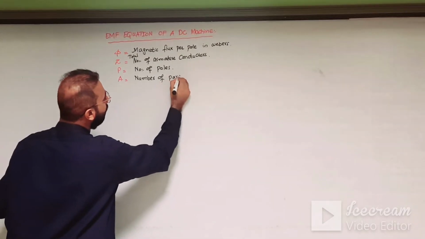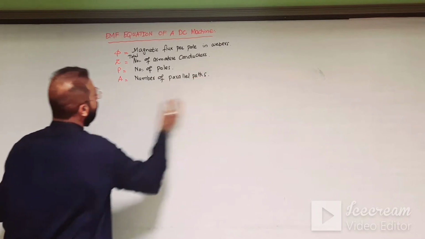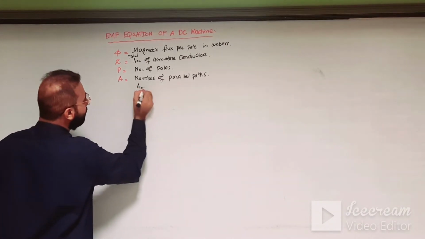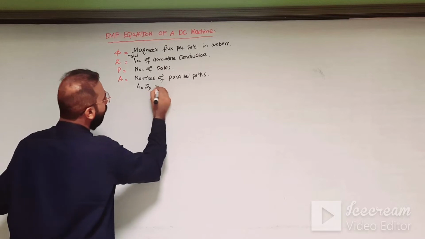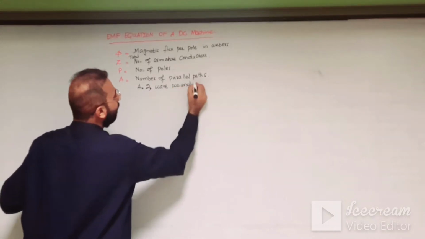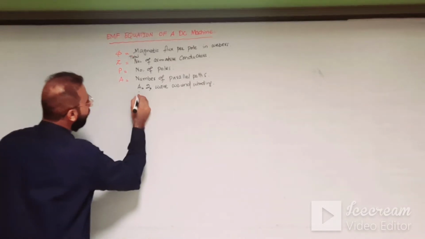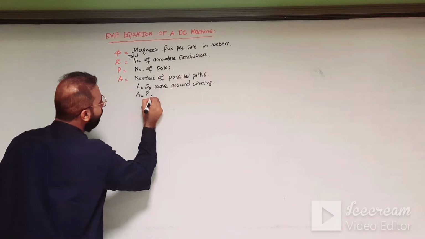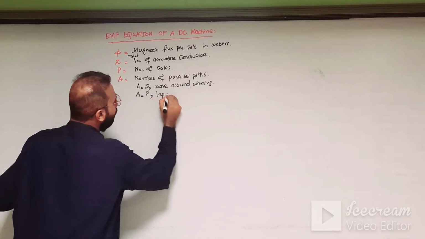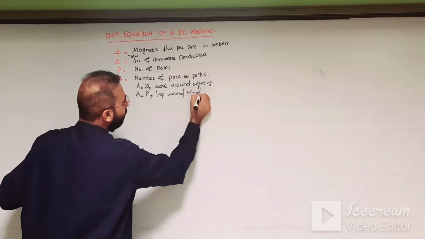The value of A is equal to 2 for the wave wound DC machine, and the value of A is equal to P for the lap wound DC machine.